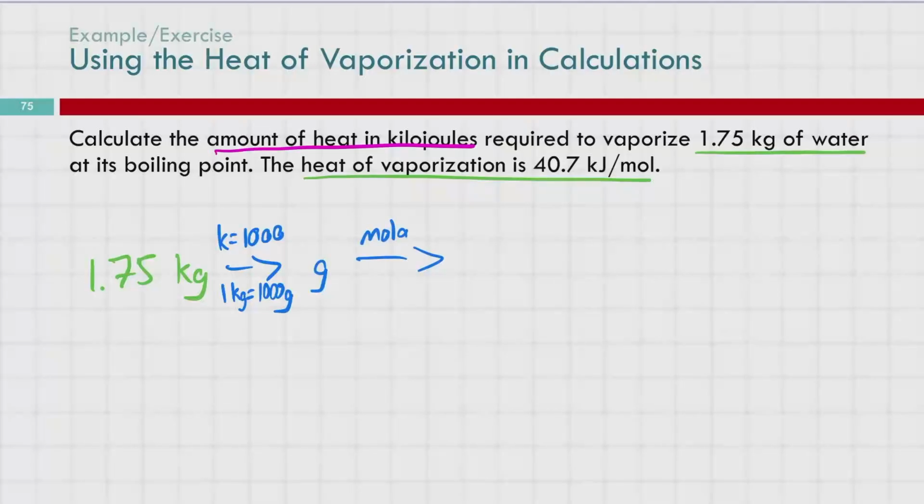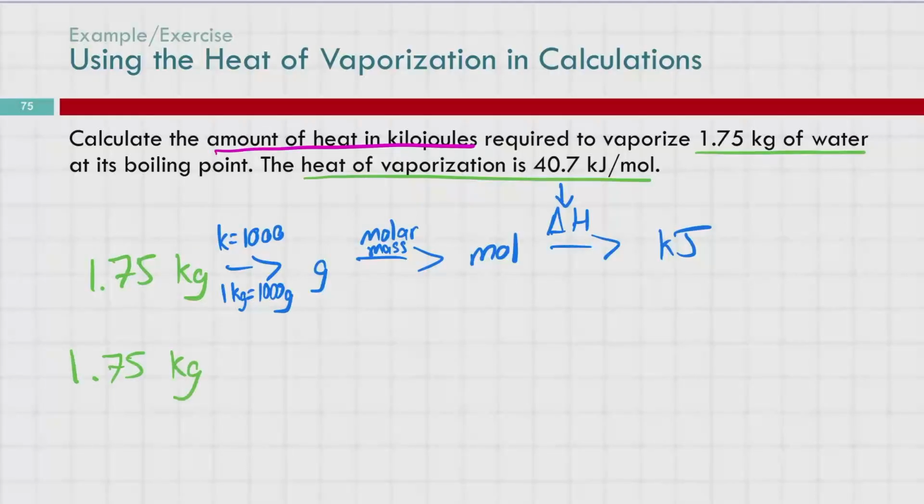We can use our molar mass to convert to moles. And then from moles, we can use our delta H of 40.7 to convert to kilojoules. So our whole solution map would look like this. 1.75 kilograms. We want to convert to grams. Grams are smaller. There's 1,000 of them in 1 kilogram. So we multiply by 1,000. That'll turn our 1.75 into 1,750.